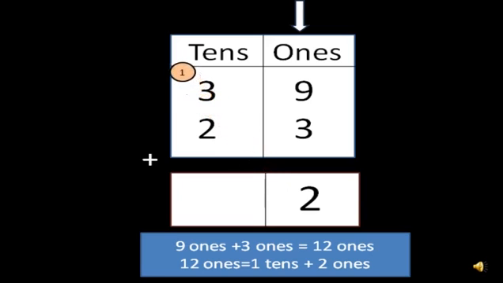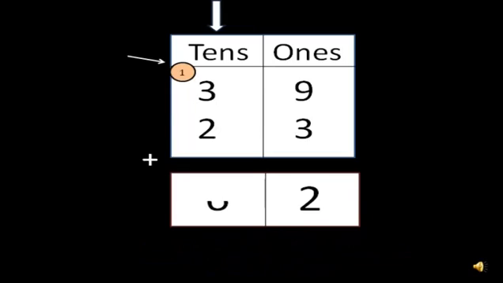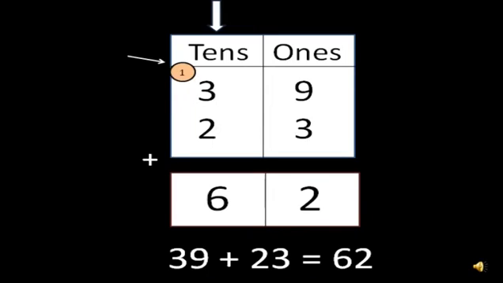Now we move to add the numbers in the tens column. 3 plus 2 is 5. 5 plus 1, which is the carryover, is 6. Write 6 under tens column. Therefore, 39 plus 23 is equal to 62.